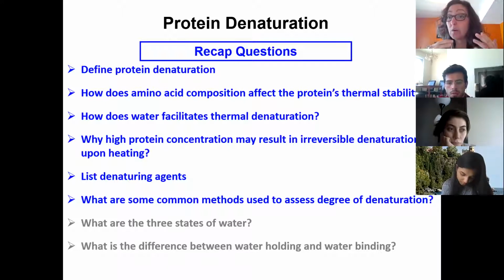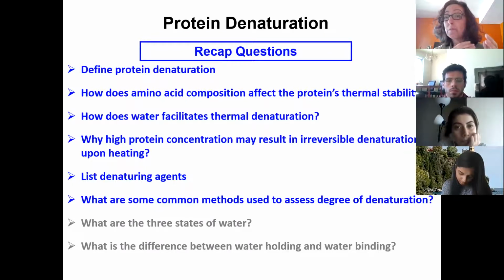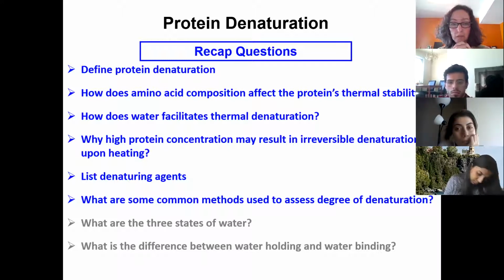So breakage of hydrogen bonding again increases the entropy, and with an increase in entropy, denaturation becomes spontaneous. So the more water you have, the lower is the denaturation temperature. So the most stable form of the protein is dry protein powders. But how much moisture content is in the dry protein powder also impacts their denaturation.